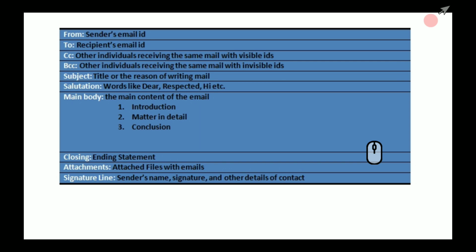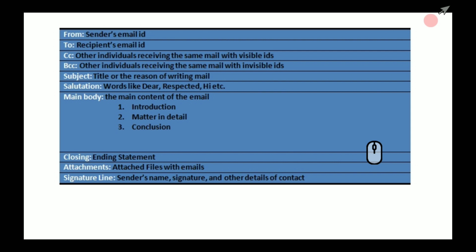The final topic that I'm going to discuss with you is something very recent. We started writing it a few years back, maybe 20 years back. This is called email writing, and email writing is done on the computer, internet, laptop.